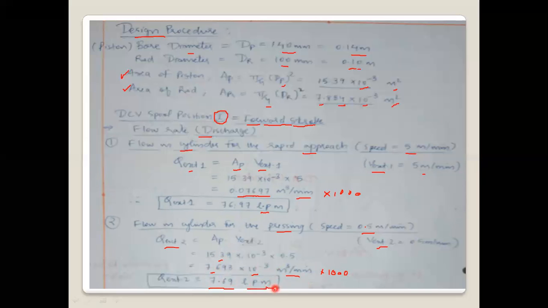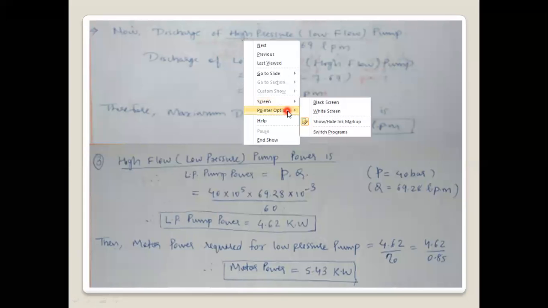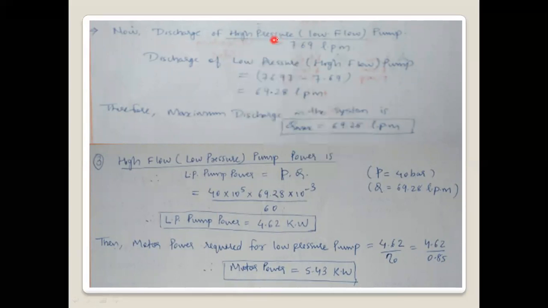So what we can observe here is that the flow rate is maximum in this first stroke, that is the rapid approach. Okay, so now we can say that the discharge of the high pressure, that is low flow pump. High pressure means, as I have already said, it is low flow pump.